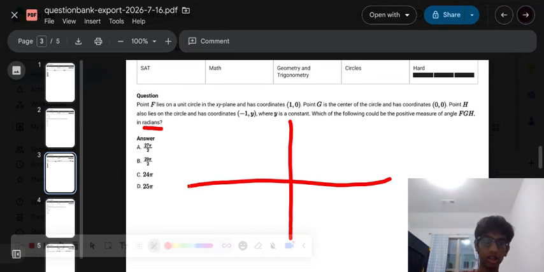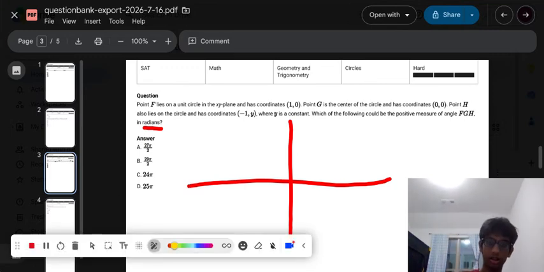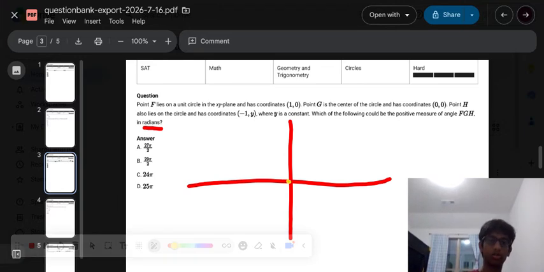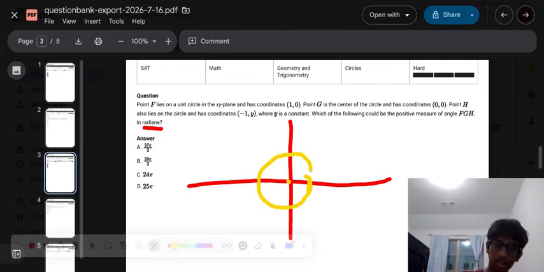Point G is the center of the circle with coordinates 0, 0. So this would be the center, as good as I can do it. And 1, 0, that would be F, right? And it's a unit circle, so it has a radius of 1. So it'd be something like this.